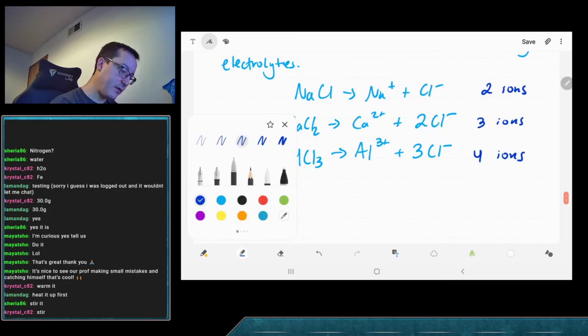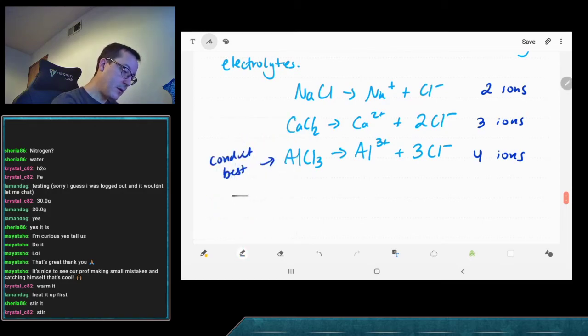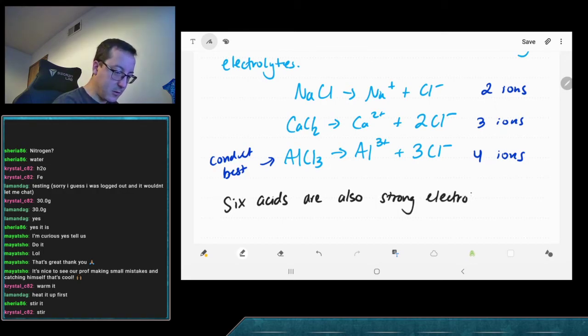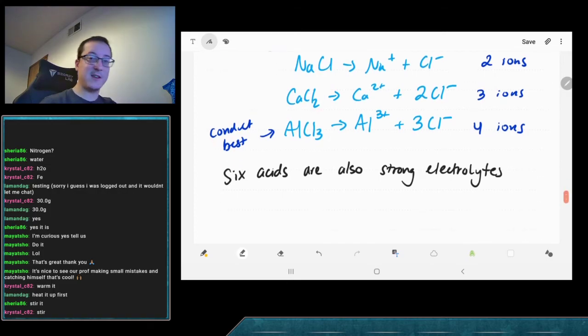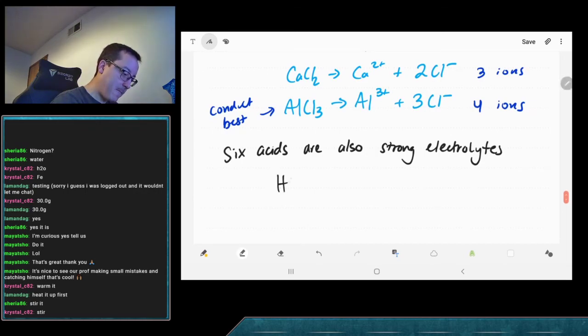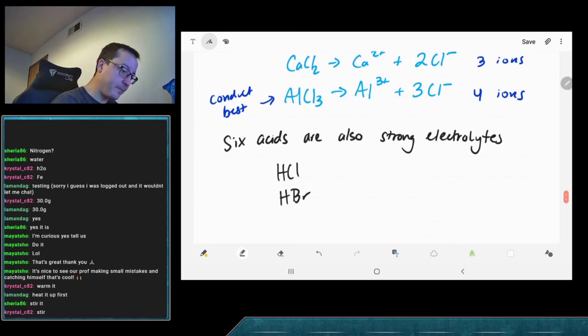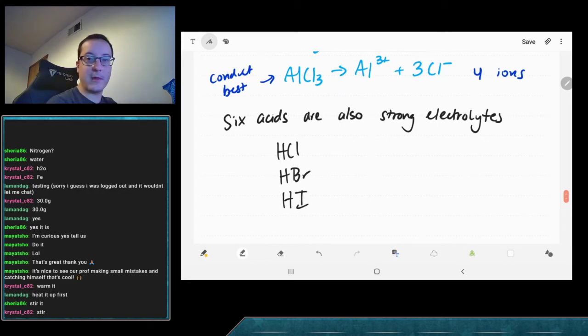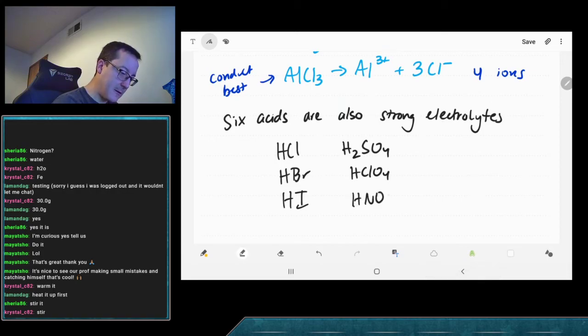All right, we have 6 acids also. These are ones you will probably want to commit to memory, or again have the post-it note so you know which ones they are. We have 3 of these halogen-based acids. We have sulfuric acid, perchloric acid, and nitric acid.